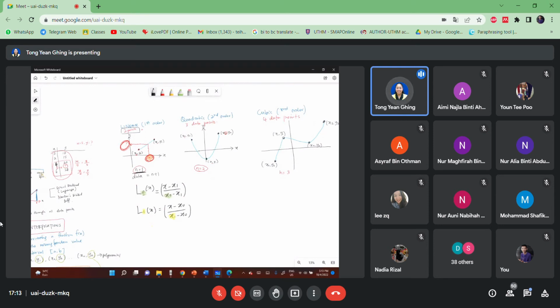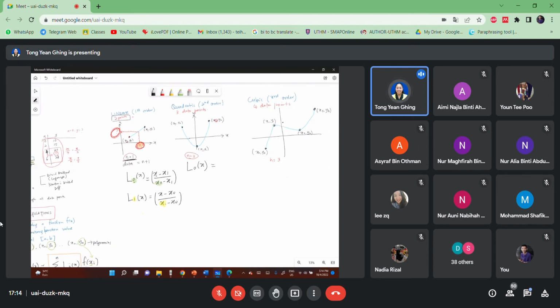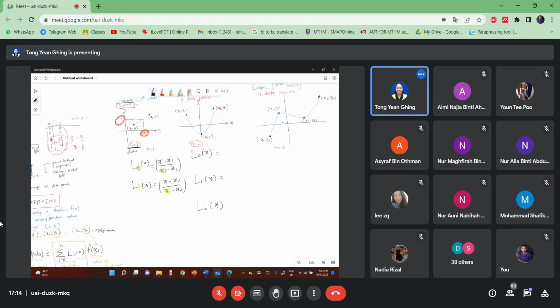For second order, I will have L0 x, then need L1 x, and then need L2 x. We have three weighting functions. So this one starts with x minus x1 over x0 minus x1. Besides x0 and x1, I still have one more, which is x2.